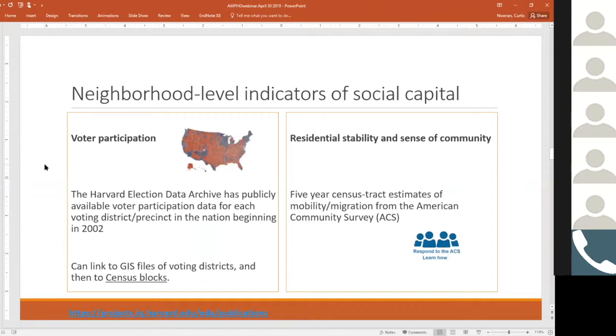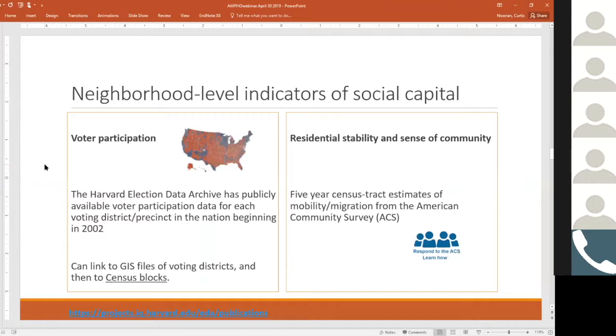But there is also a challenge because the precinct lines don't match the census block lines. So there are methodological challenges in terms of knowing the right denominator or assigning a particular voting percentage level to a census block. Because as we'll see in a moment, the key to linking these different data sources is being able to have the same geospatial characterization.